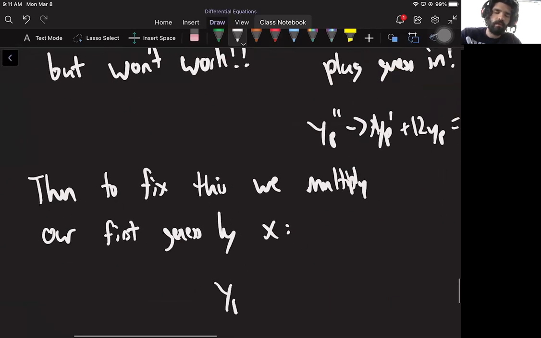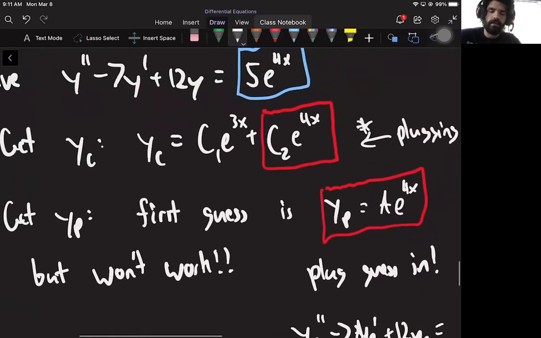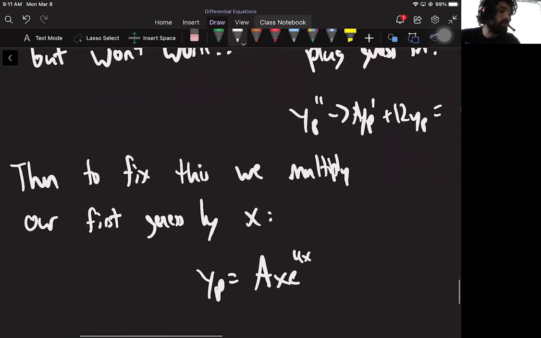So instead of e to the 4x, I do x e to the 4x. And then I look and see that that is not in here, so it's not just going to go away and become 0. It is going to work though. So it's a very sneaky trick.